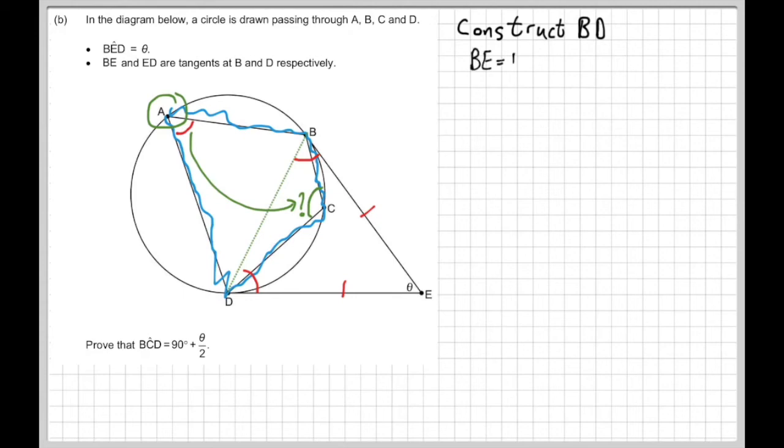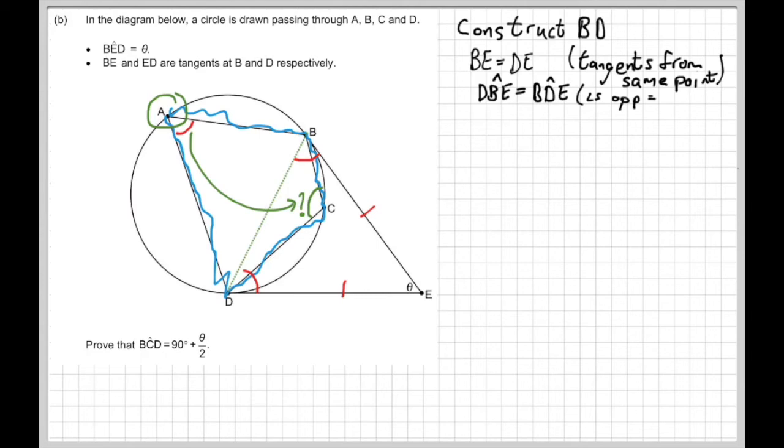Next up, I'm going to say, well, BE is equal to DE because they are tangents from the same point. After I've done this, I can now start going, okay, why is the red B's the same? Well, angle DBE is equal to angle BDE because they are angles opposite equal sides.